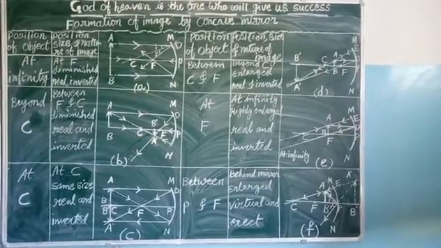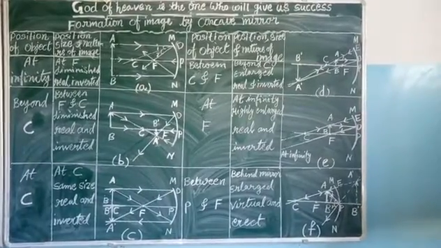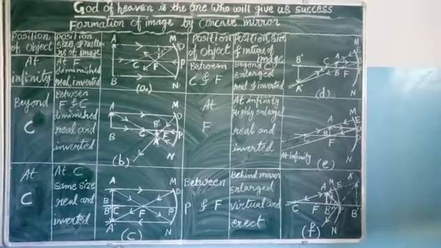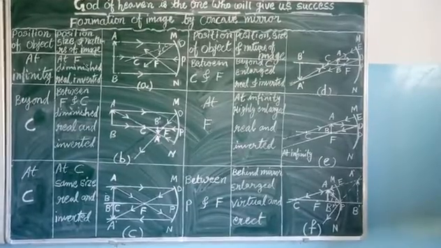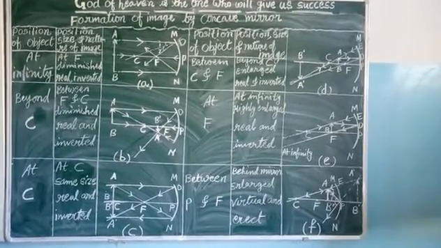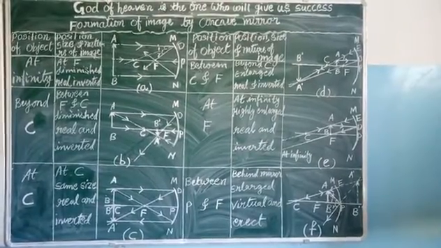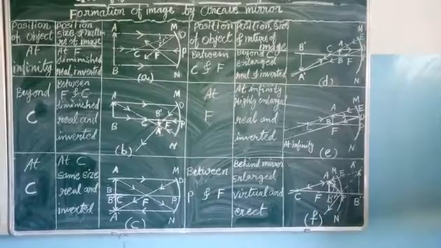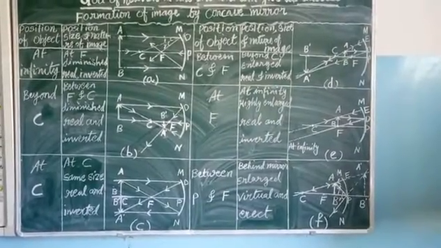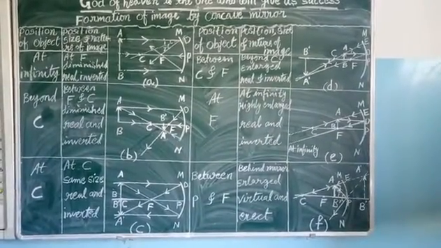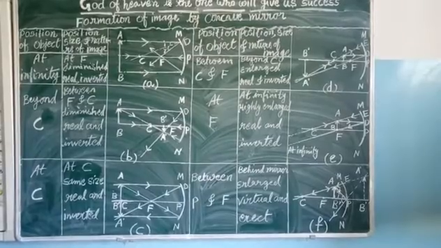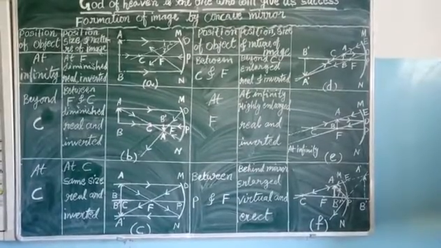Okay. So now let us come to the point. In the previous class, we have already learned that at least two reflected rays must intersect to give us the position of the image of the object.